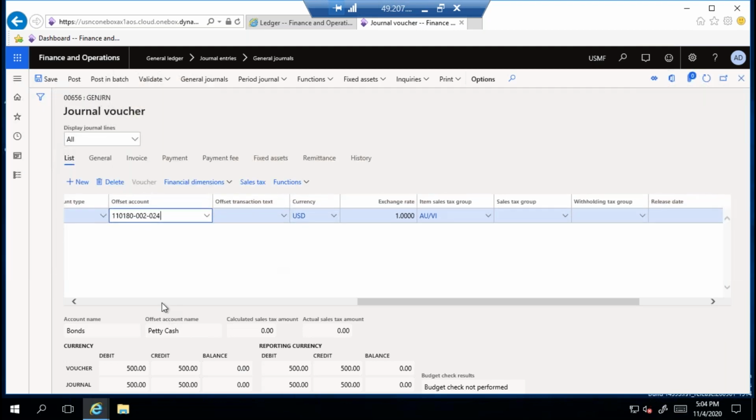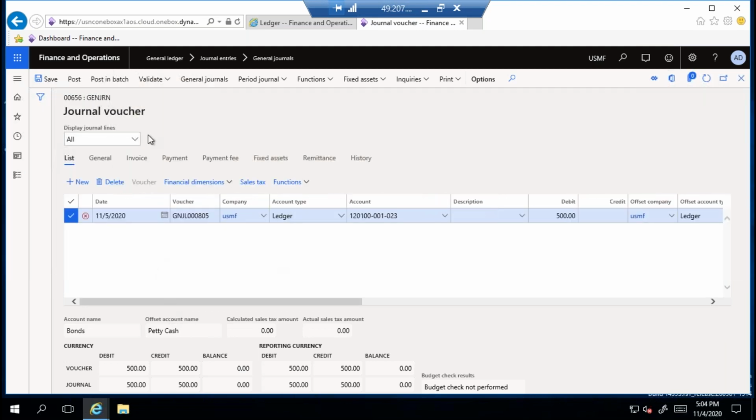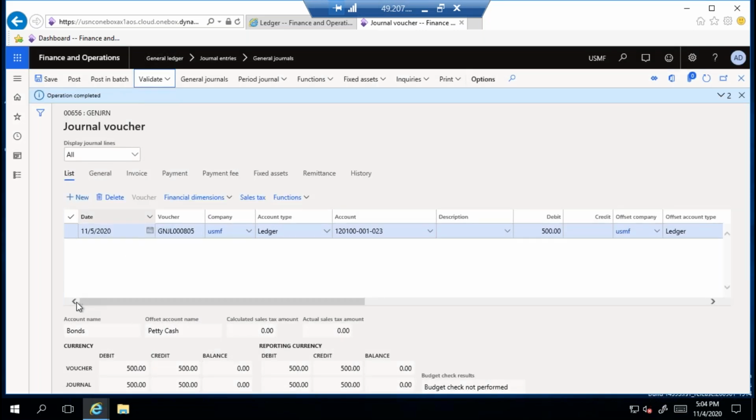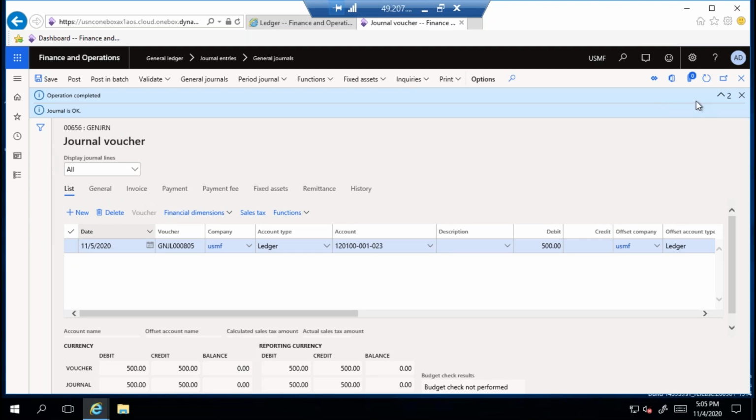So now on validate, as soon as it is there, it will show a red circle cross because you are getting error messages. If everything is fine, that red circle will be gone, the operation is completed and the journal is okay.